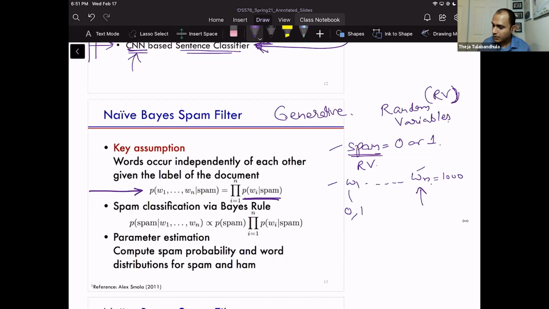Okay? So by just saying this is the assumption, you can now go back to our original problem, which is the classification problem. If I know which words are present or not in a piece of text, can you tell me what's the probability that spam is equal to 1? Or what's the probability that spam is equal to 0?